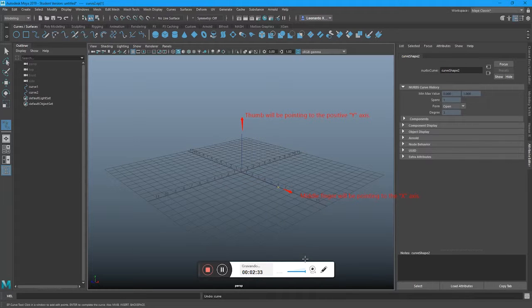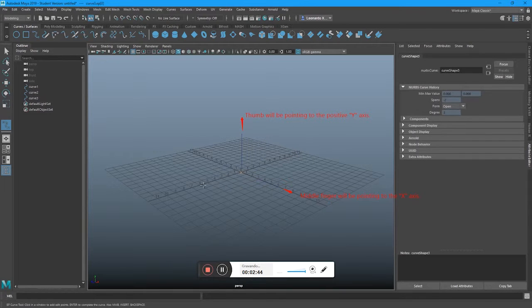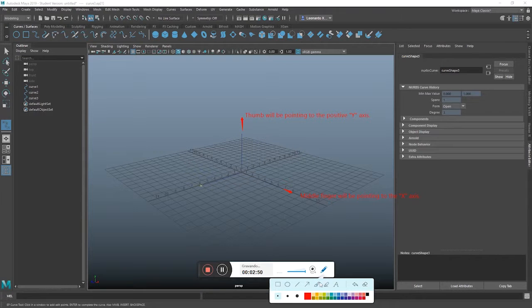And the third and last one is going to be the forefinger, and the forefinger will be pointing to the z-axis.